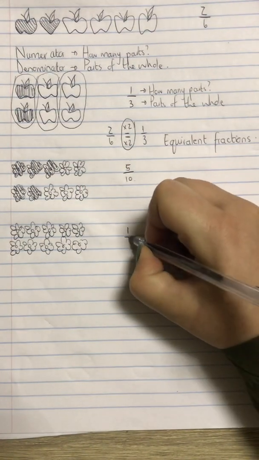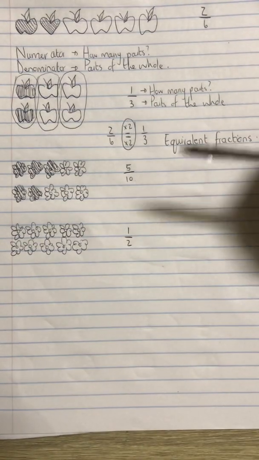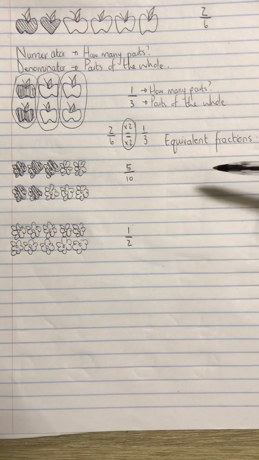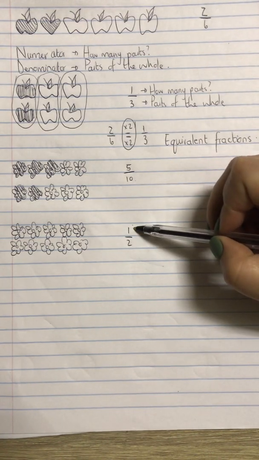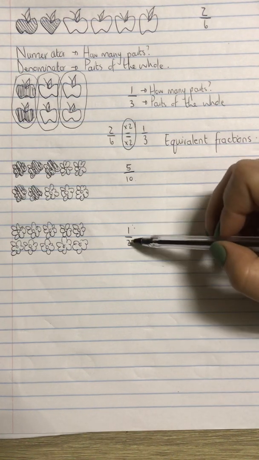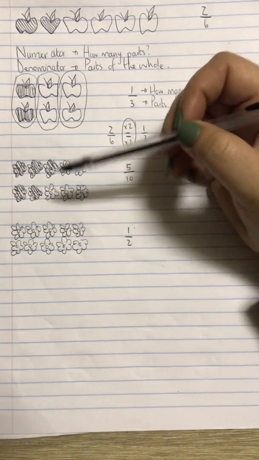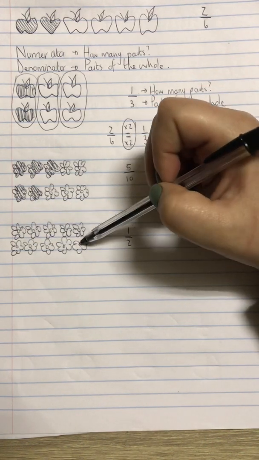But this time they ask us to color half of that picture. So now we take our fraction into consideration and we think about our numerator and our denominator. Our numerator asks for how many parts, and it's 1. Our denominator asks how many parts of the whole, and it's 2. However, this picture has 10 parts. 1, 2, 3, 4, 5, 6, 7, 8, 9, 10.